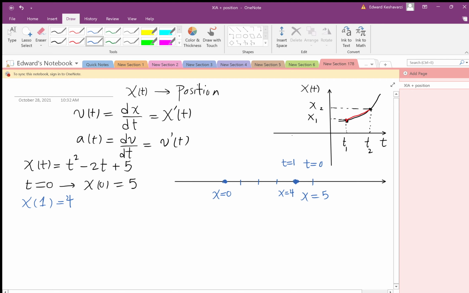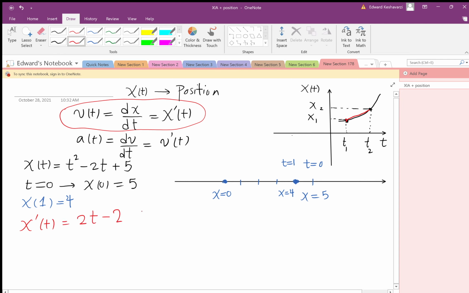So therefore, x(t) gives you the position of the particle at any moment. So I'm interested to find out what is the velocity of this particle, for example, after 2 seconds. As we discussed here, we'll take the derivative of the position, so it's going to be 2t minus 2.